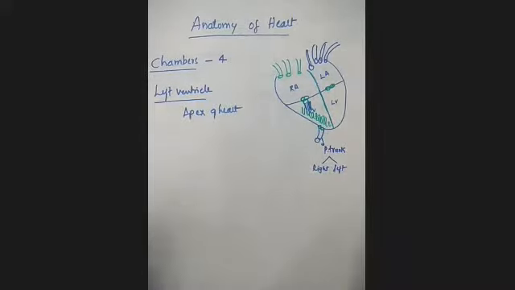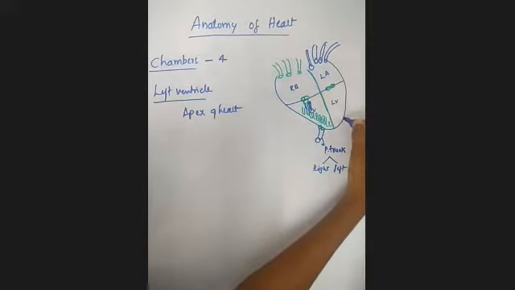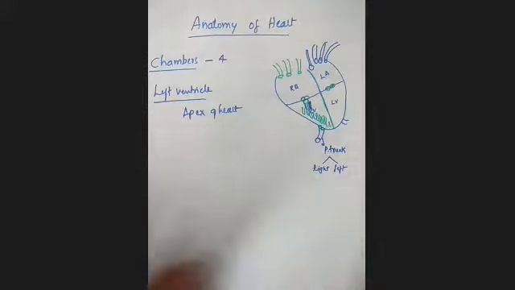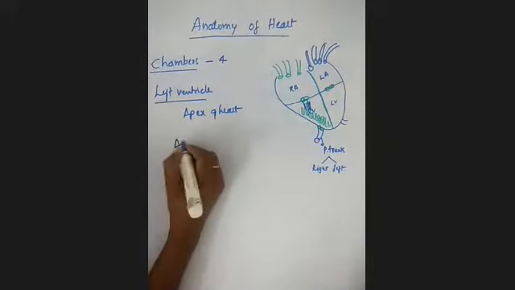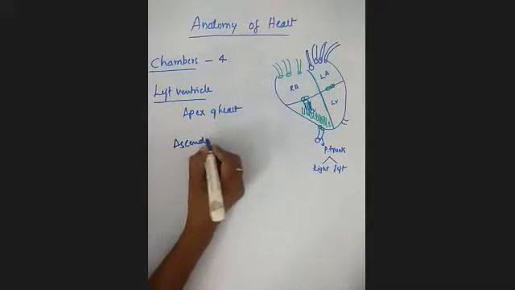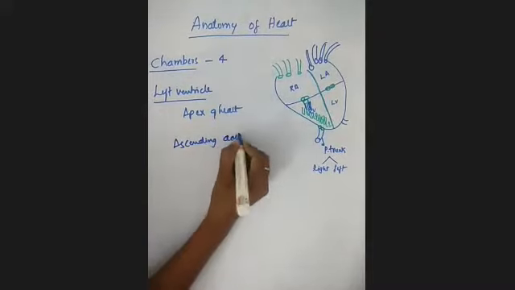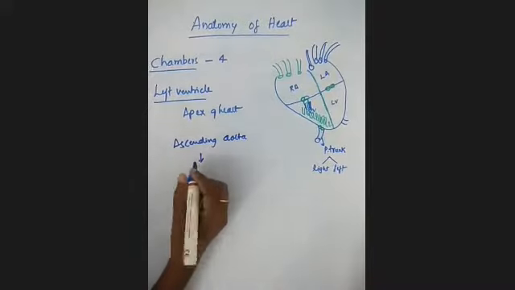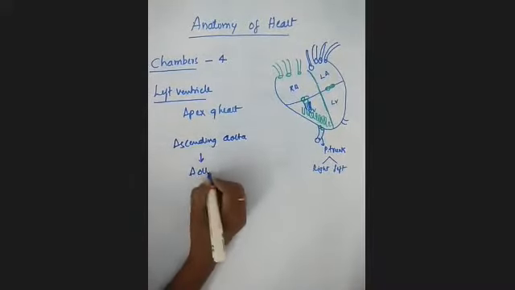Clear? From the left ventricle, the blood is sent to the ascending aorta through a valve, which you will call the aortic valve.